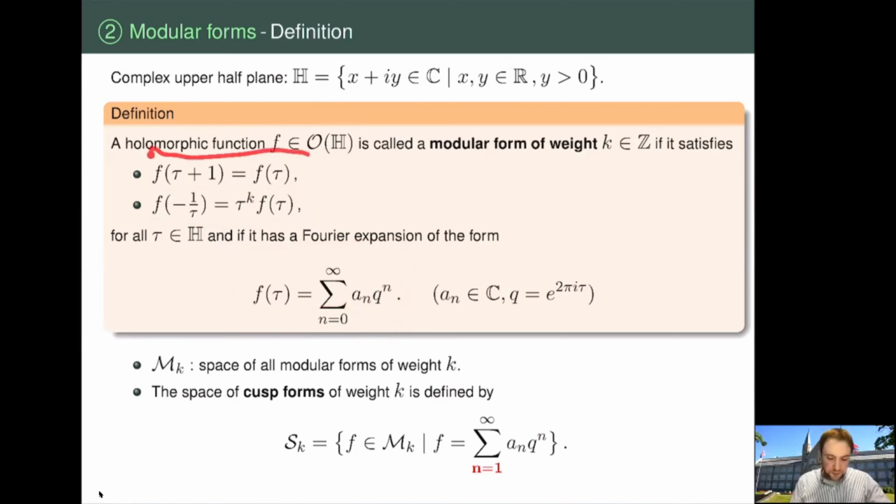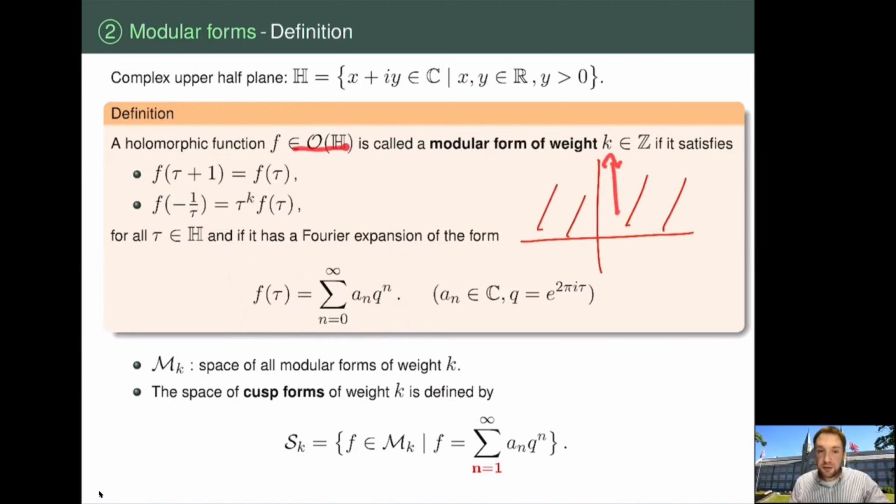From the 1-periodicity, we can already get an expression like this, but we don't know if it starts at 0. Basically, if I have the upper half plane here, this statement is equivalent to saying that if I go to i infinity, these functions are bounded.